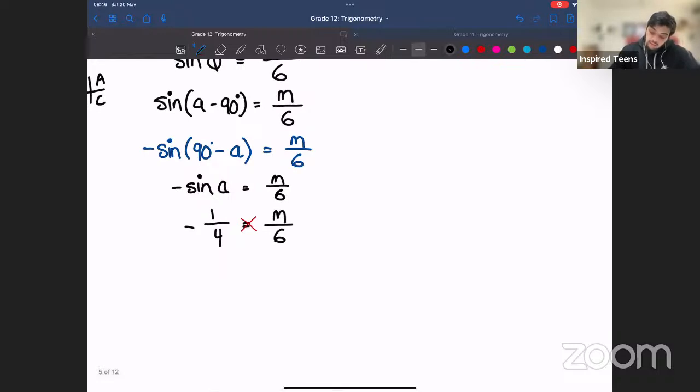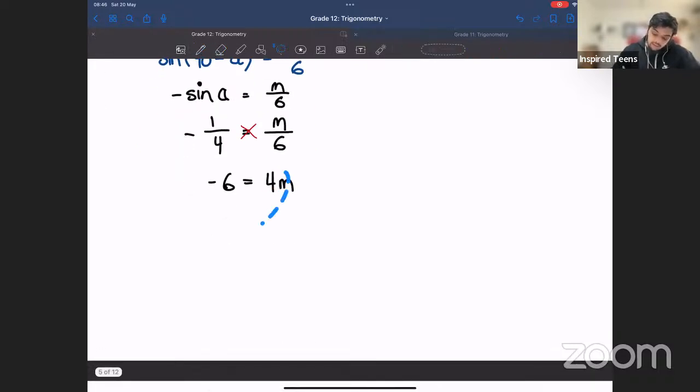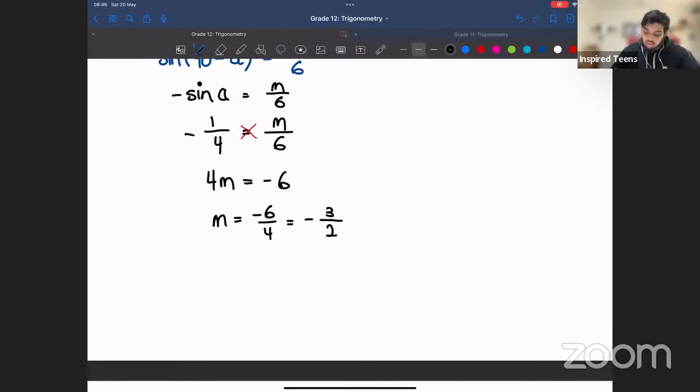And I will get, what will I get? Negative 6 is equal to 4m. Divide both sides by 4, and I get m is equal to negative 6 over 4, which is negative 3 over 2.